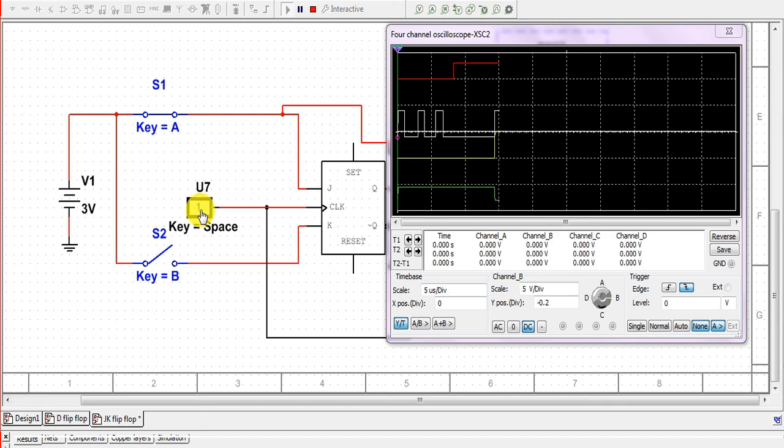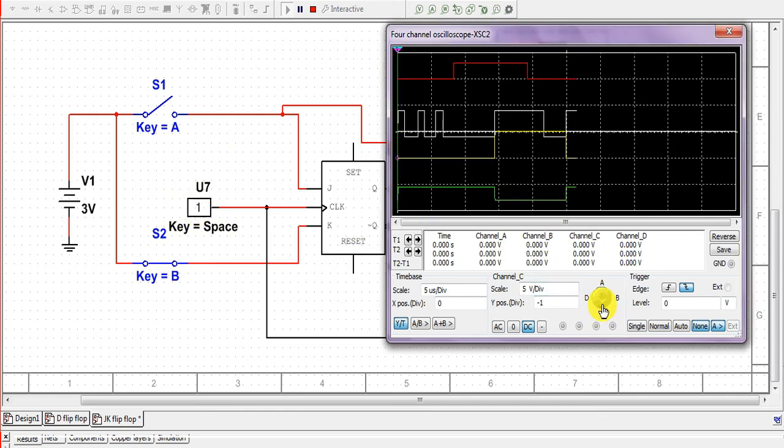As soon as we apply the clock pulse, it sets the flip-flop, that is, the Q output goes high and Q bar goes low, and the flip-flop is in the set state. Now as soon as we close switch B and the signal goes from low to high, only then does it go to the next state. As the signal goes from low to high, we can see that the flip-flop goes to the reset position.